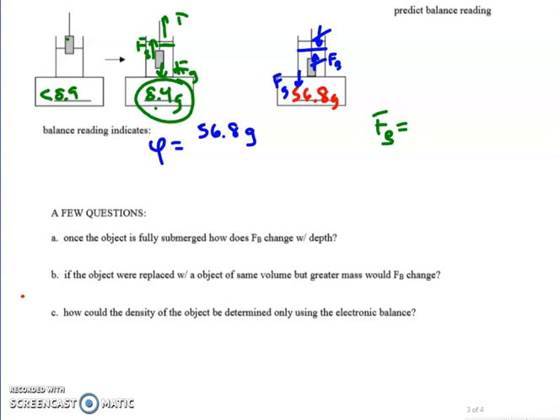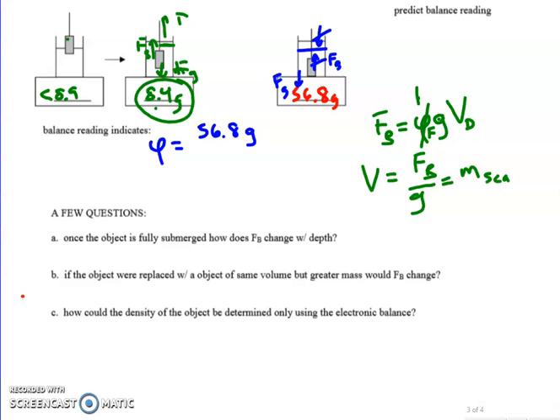The buoyant force we know is rho of the fluid times g times the volume displaced. Well, what is rho? Since we're putting it in water, and if I do things in grams per cubic centimeter, that's 1. If I divide by g, I see the volume is nothing more than the buoyant force divided by g, and that's nothing more than the mass of the scale reading.